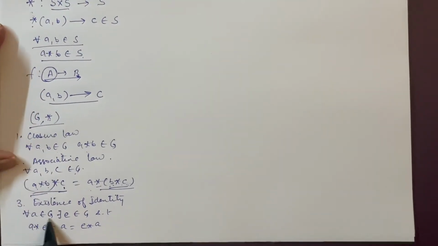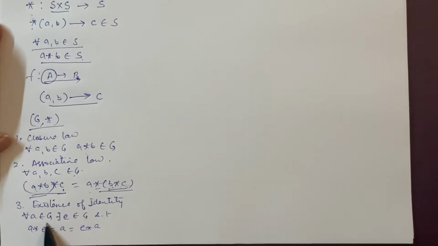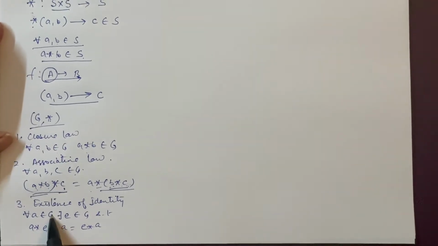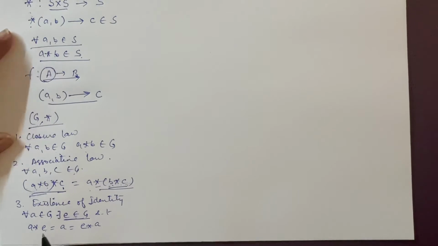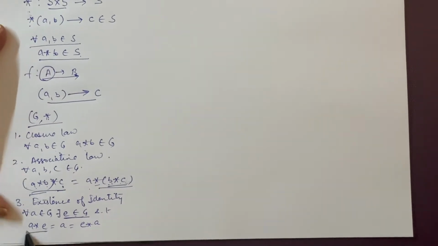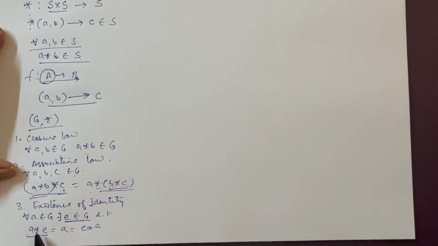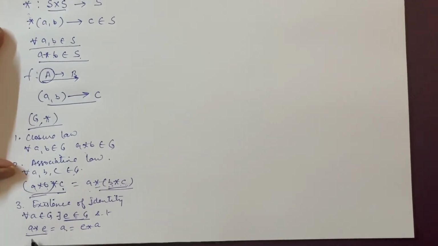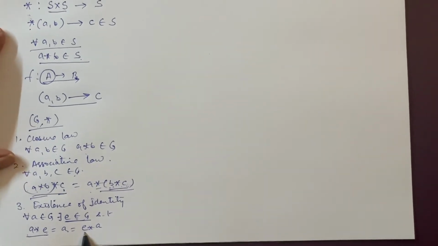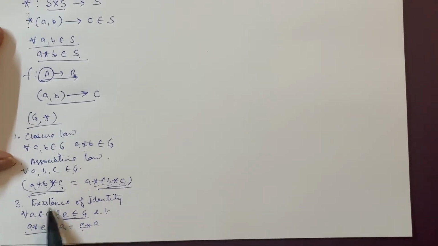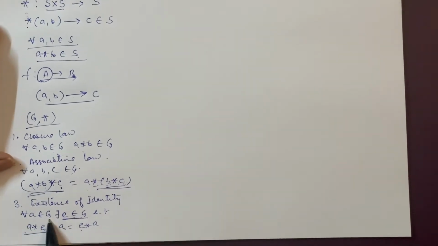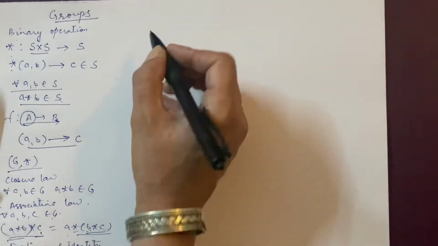That is, for every a belonging to G, if it is possible to find an element in G such that whenever we operate with a, the answer is again a, whether we apply it on the right of a or on the left of a, then that element in G is known as the identity.